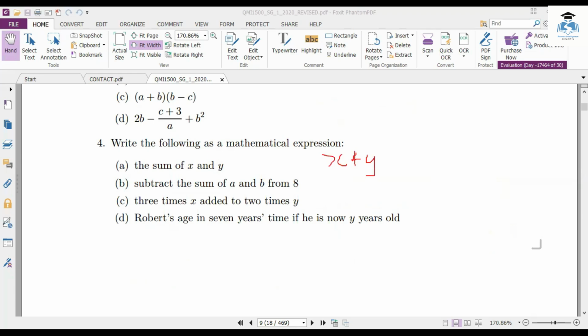Then B: subtract the sum of a and b from 8, which is 8 minus ab. If you say ab, it's a times b.